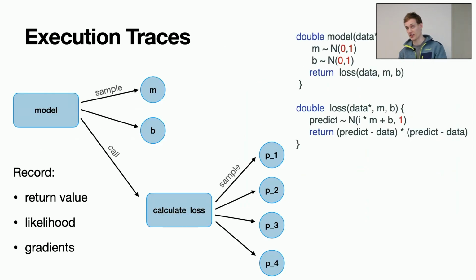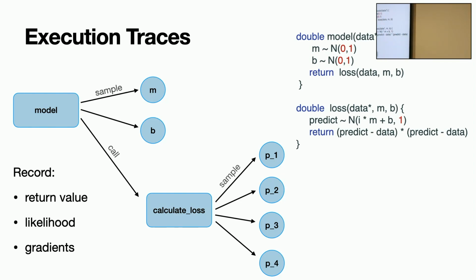For that, in probabilistic programming right now, to abstract that away, we use execution traces. Execution traces are just one possible way through a program which can be taken. We've got a very simple silly program over here, which, because it's so simple, can only take one path. We just draw samples from a normal distribution here, call this function, which does a prediction and computes the error.